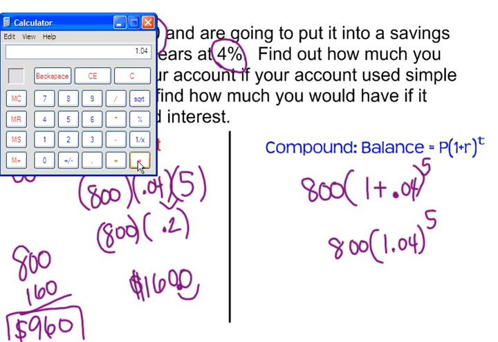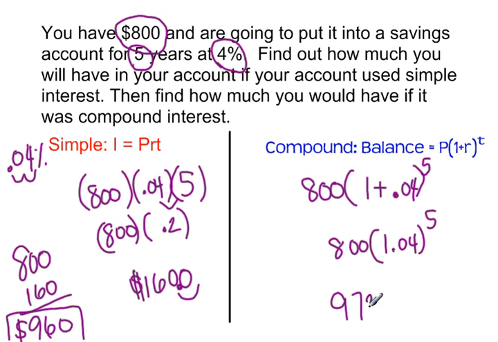The calculators we use in class will be better than this. So what I just did was 1.04 to the 5th power. Now I have to take this number, this is what I just did, and I need to multiply by 800. So multiplied by 800. $973.32. So in this account, $973.32.